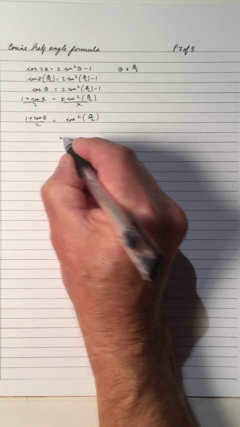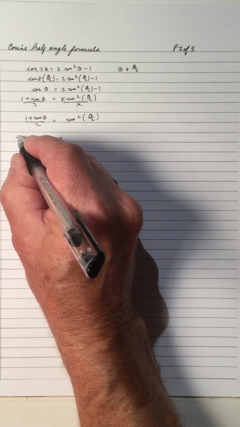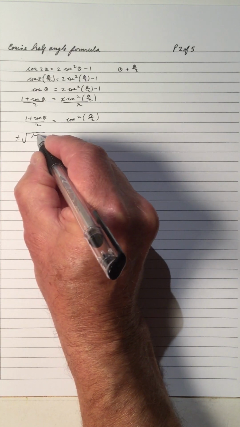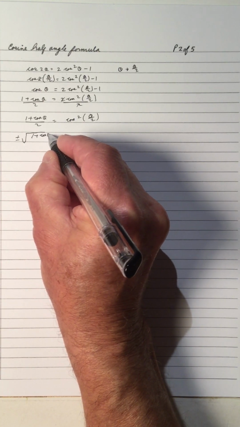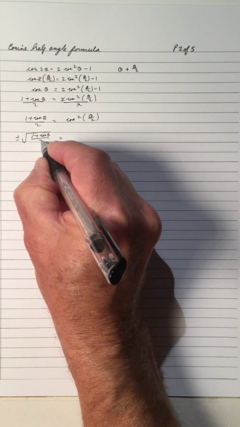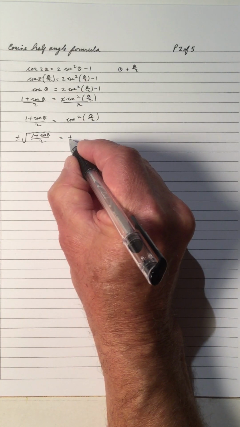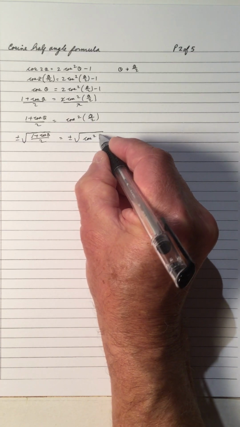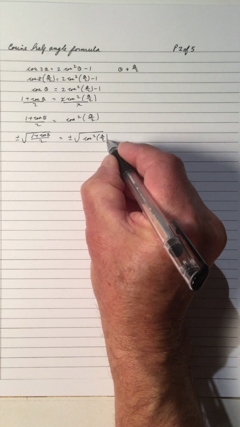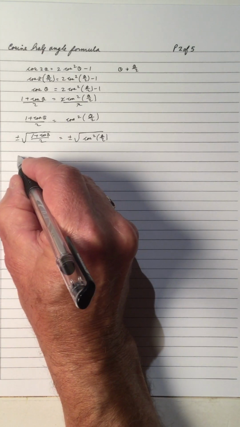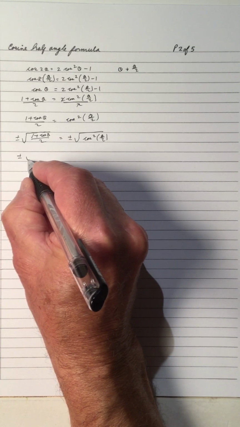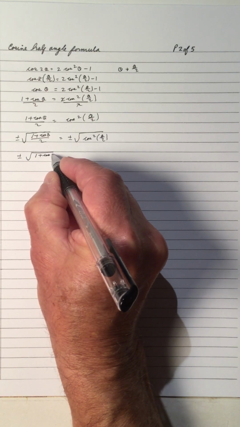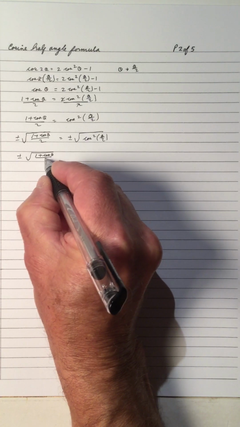And now we have the square, so we'll do plus or minus the root of each side. Plus or minus the square root of cos squared theta over 2 gives us plus or minus the square root of 1 plus cos theta over 2.